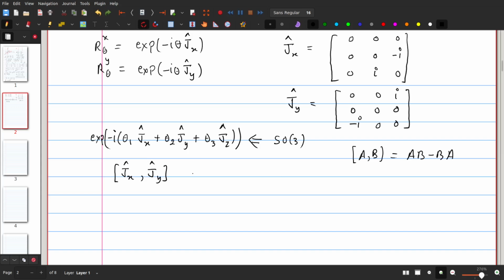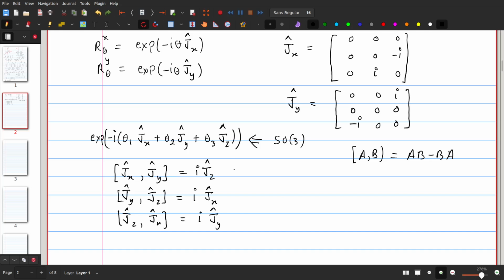So the commutator of jx cap with jy cap will give I jz cap, the commutator of jy cap with jz cap will give I jx cap, and the commutator of jz cap and jx cap will give I jy cap.